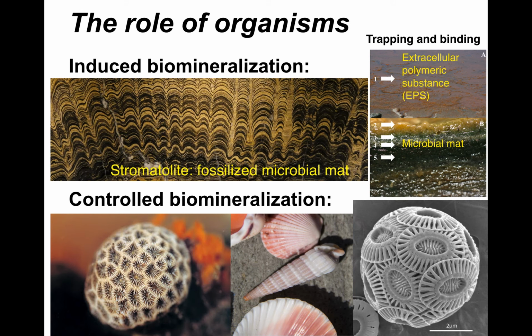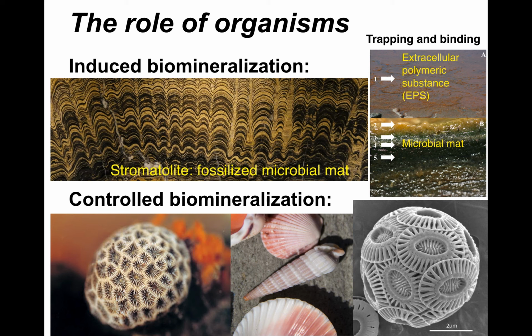I mentioned at the outset that carbonate precipitation is tied tightly to the activity of organisms. Organisms have several strategies for precipitating carbonate and other minerals as well. But this general process is called biomineralization, and there are two main forms of biomineralization.